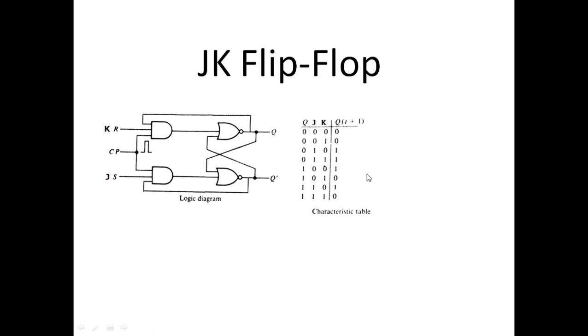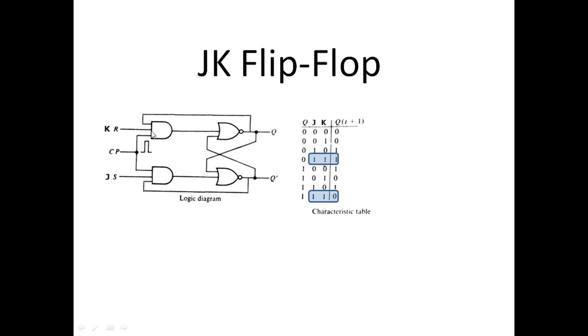Now the rest of the operation of the JK flip-flop is exactly the same as the clocked RS flip-flop, but the outputs for these input combinations are different. They were indeterminate in the RS clocked flip-flop, but they are now determined. How? Let me show you. When 1 is provided at the JK input, 1 is provided here, 1 is provided here, and the current state is 0, the previous output is 0 here.